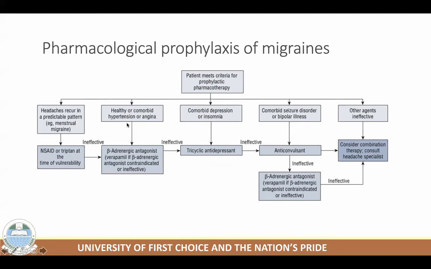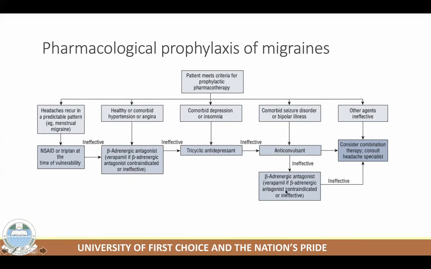With comorbid hypertension or angina, you can try beta-adrenergic antagonists, for example, or verapamil. If there is comorbid depression or insomnia, you can try tricyclic antidepressants. If there's comorbid seizure disorder or bipolar illness, you can try an anticonvulsant.